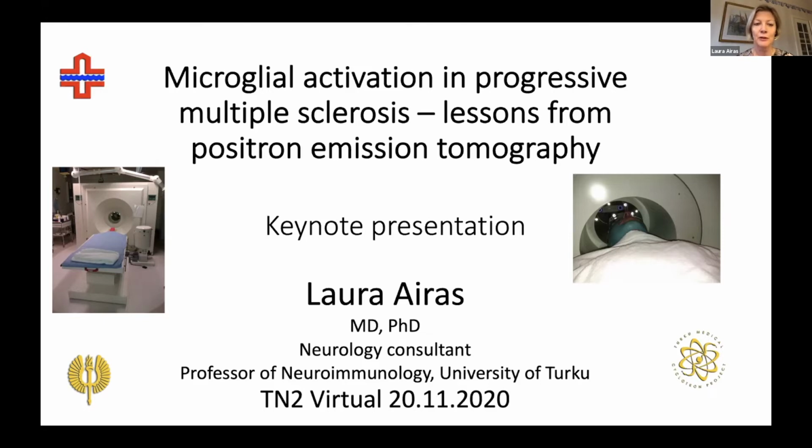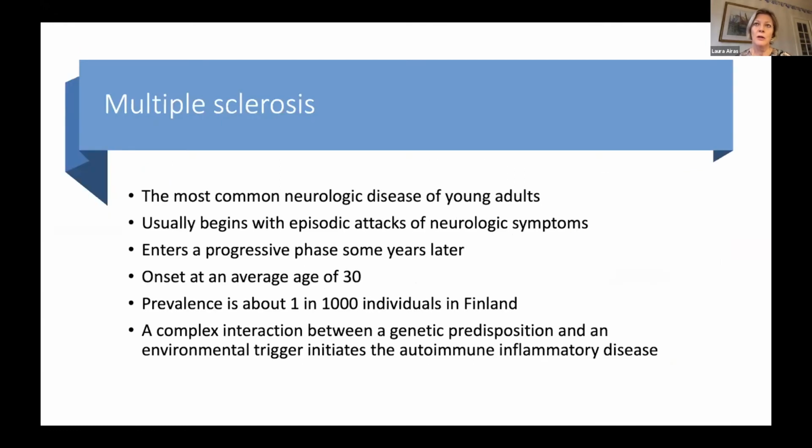I look after MS patients, but we are also very much trying to figure out what's happening in the brain of MS patients when they turn into the progressive phase of the disease. So MS is the most common neurologic disease of young adults. It's considered to be an autoimmune disease, and it usually begins with episodic attacks of neurological symptoms and will enter a progressive phase some years later.